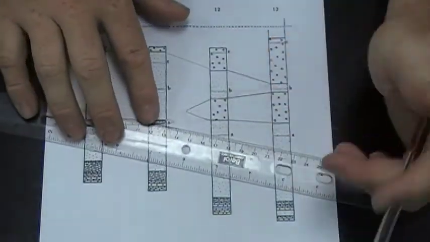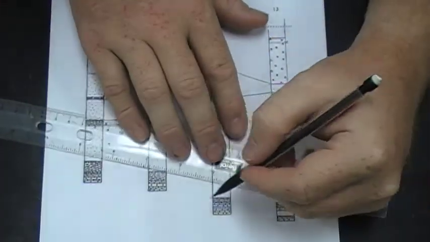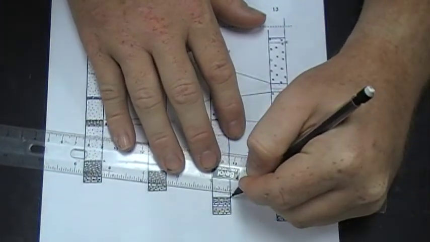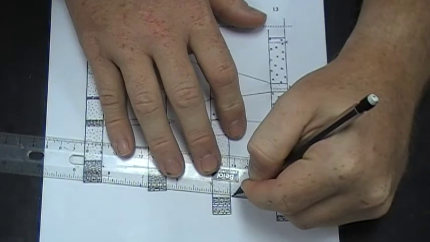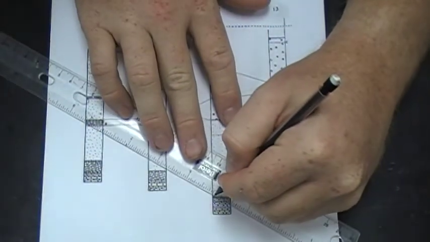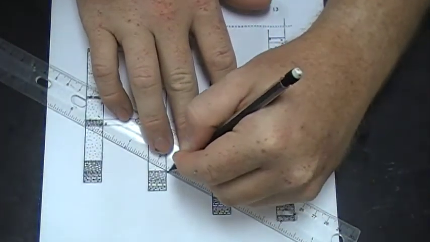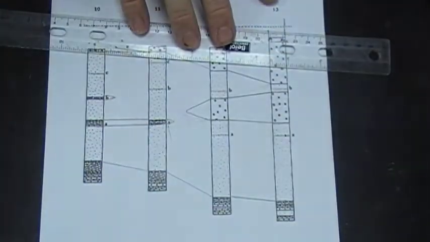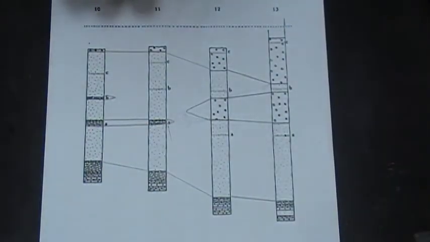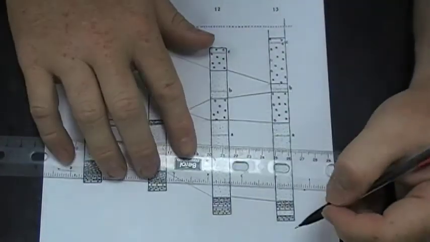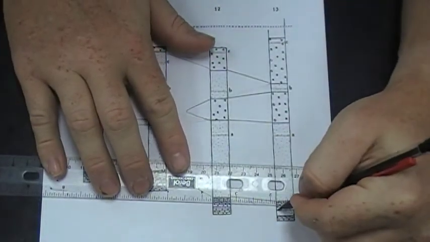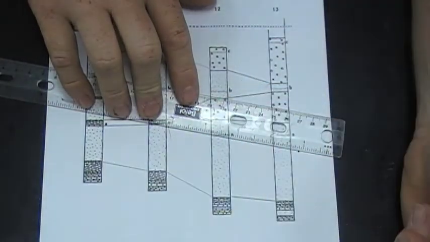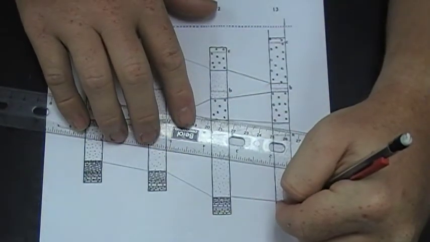If we continue down our sections, it's going to get a little bit harder to see, but we have our sandstone base here, sandstone base here, sandstone base to sandstone base, and so on and so forth. Again, that looks pretty good there. And if we start to come down here, we can start to see that we have, again, a small little sandstone lens here, and then the rest is essentially limestone across the way.